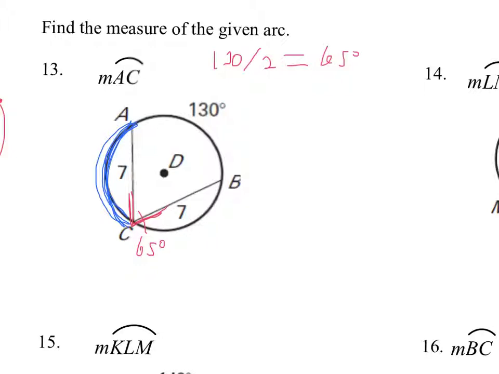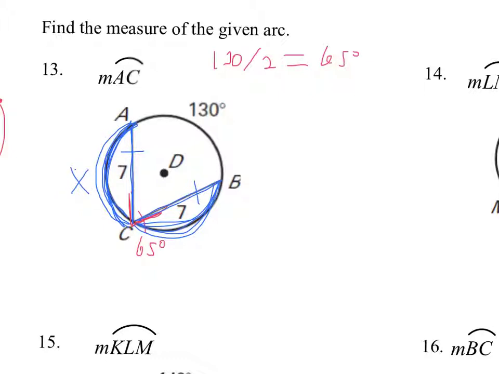And so we're actually going to use a different theorem. There's a lot of theorems, and part of it's just knowing which one to use, but I want you to be familiar with all of them. We have a theorem that says if two chords in a circle are congruent, that means their arcs will also be congruent. So I don't know what AC is.